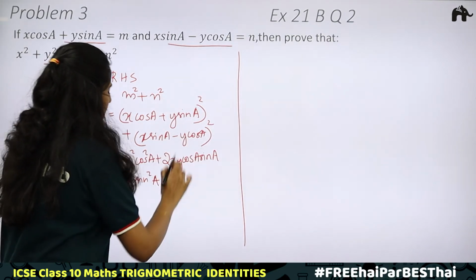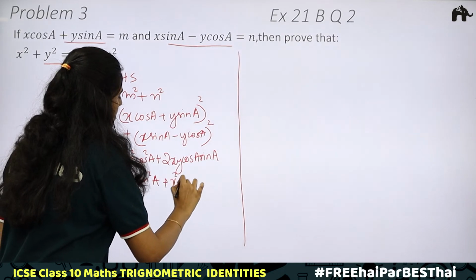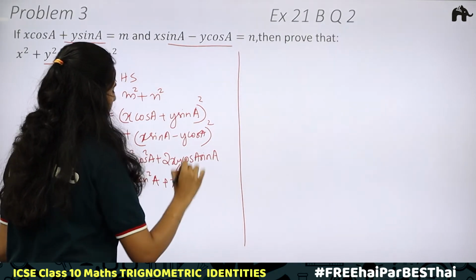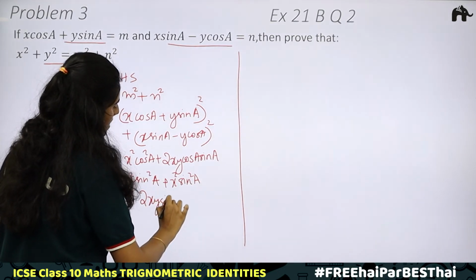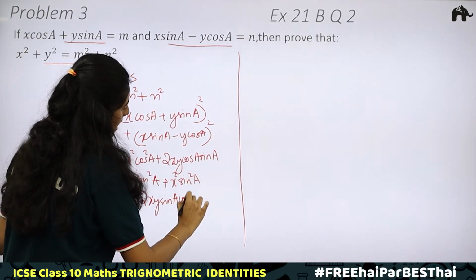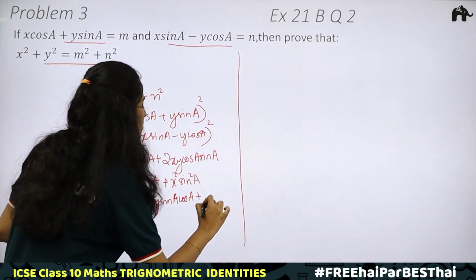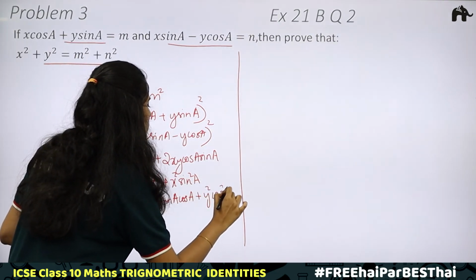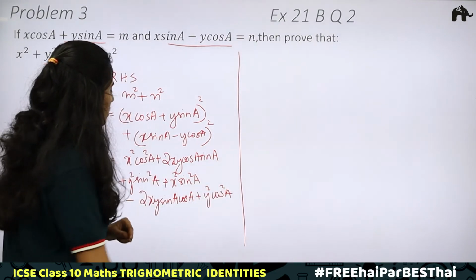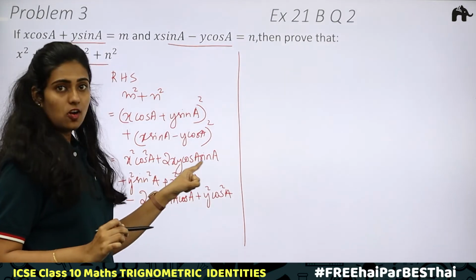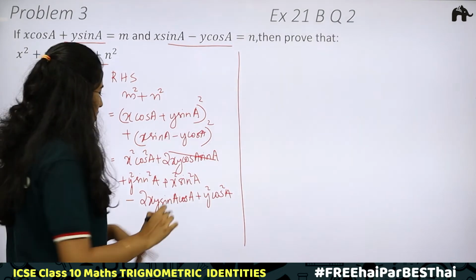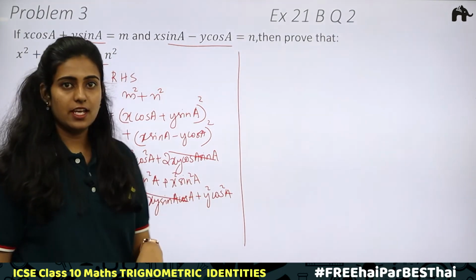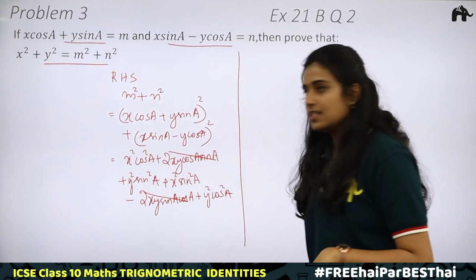Now this one: x square sin square a - 2xy sin a cos a + y square cos square a. Now here we have 2xy cos a sin a and minus 2xy sin a cos a. They can be cancelled. Same term, one is positive and the other is negative.